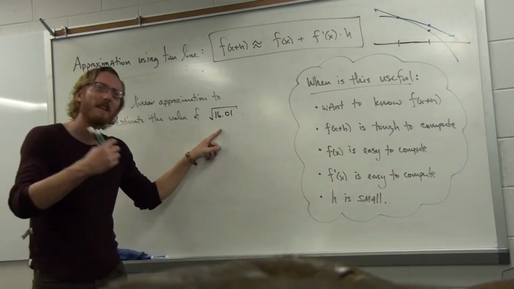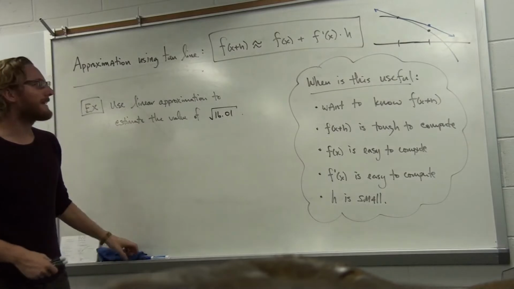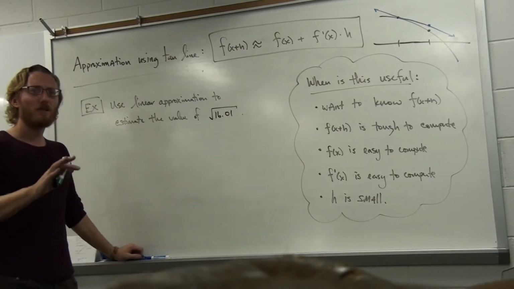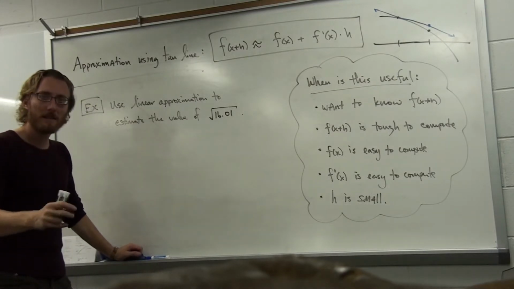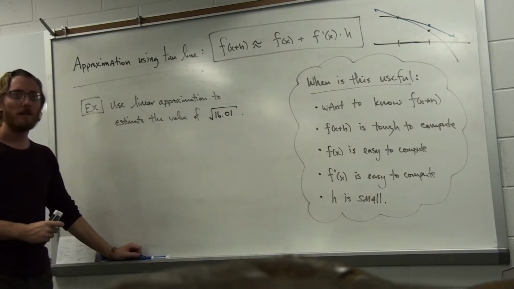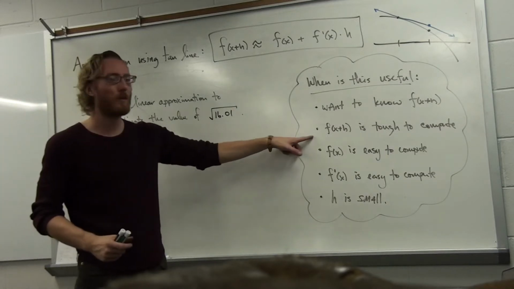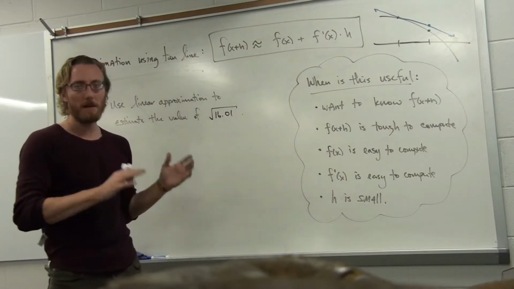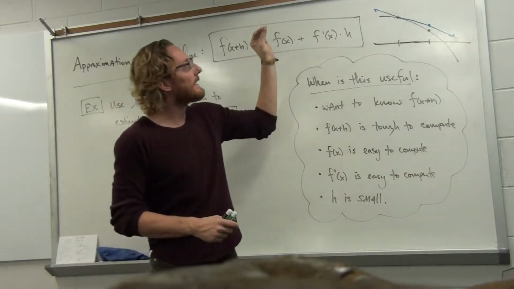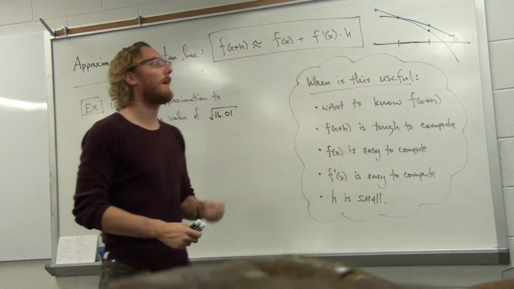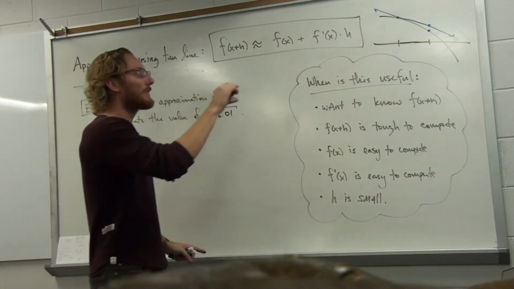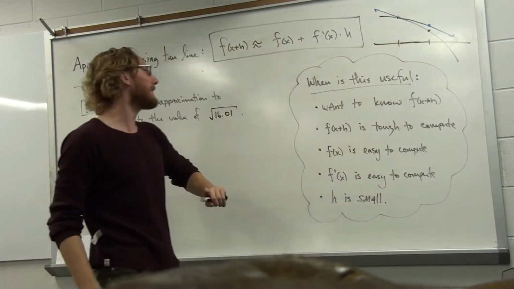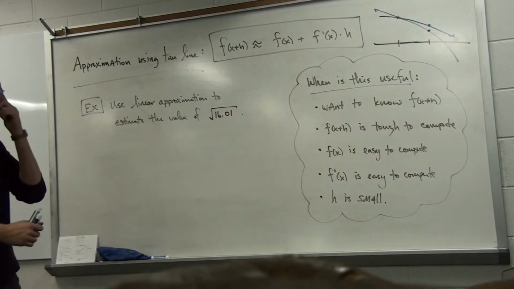How are you going to find the number that multiplies by itself to be 16.01? That's tricky. That's really sensitive computation. I don't want to mess with computing that. Now, of course, a calculator can produce this value, but the long story short is let's try to use the tangent line to get ourselves an estimate without having to even use a calculator.